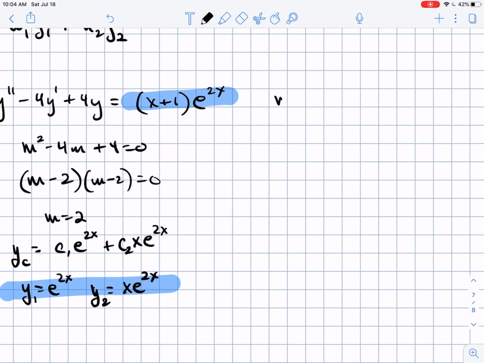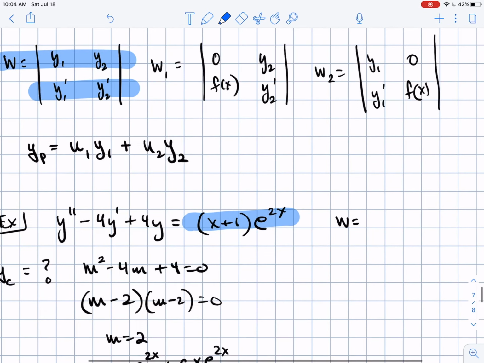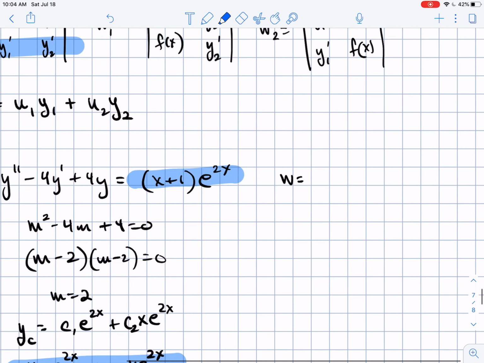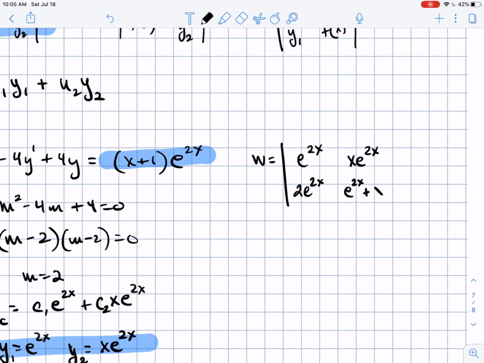Okay, so the next thing I'm going to do is set up all these matrices. So W here, if you go back up here, it's y1 with y prime of 1 below that, and y2 with y prime of 2 below that. So what I'll have here is y1, and the derivative is 2e to the 2x, and then y2, and this derivative is product rule: the derivative of x is 1, so e to the 2x plus 2x e to the 2x.